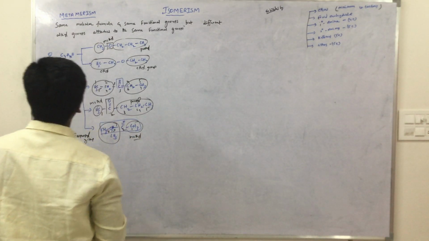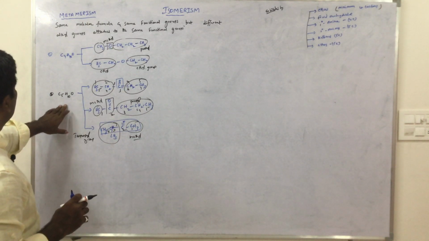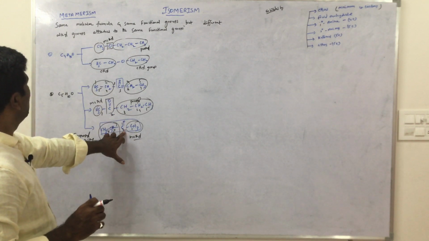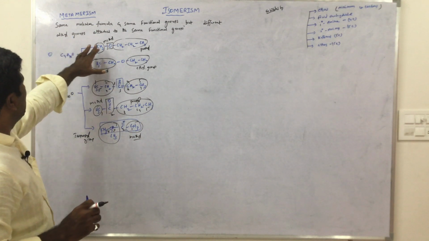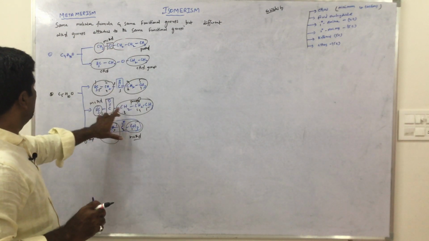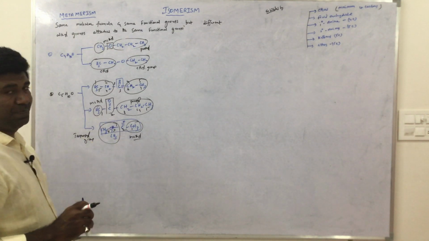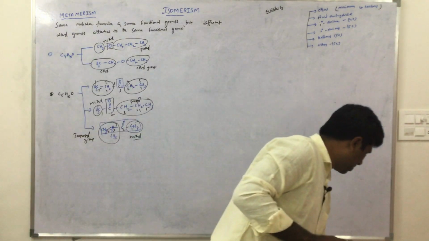It satisfies our definition: same molecular formula, same functional group, keto, but different alkyl groups attached to the same functional group: ethyl-ethyl, propyl-methyl and isopropyl-methyl. Clear?